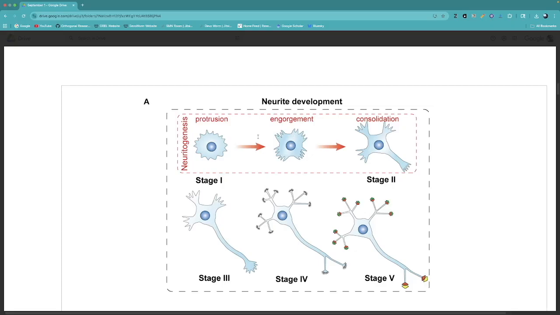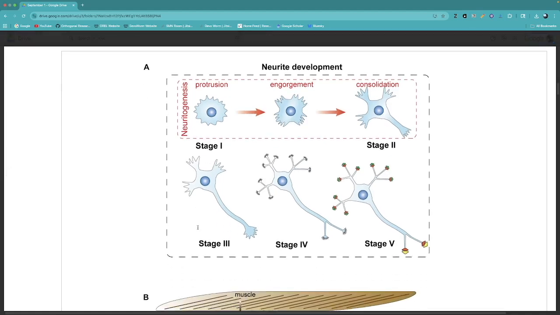So a set of different protrusions in a directed manner. And then you get consolidation, where you start to get these bundles of protrusions coming out from the cell body, and this is where they're consolidated into sort of the neuronal body that we're more used to seeing in the adult stage. So you have these different stages of consolidation.